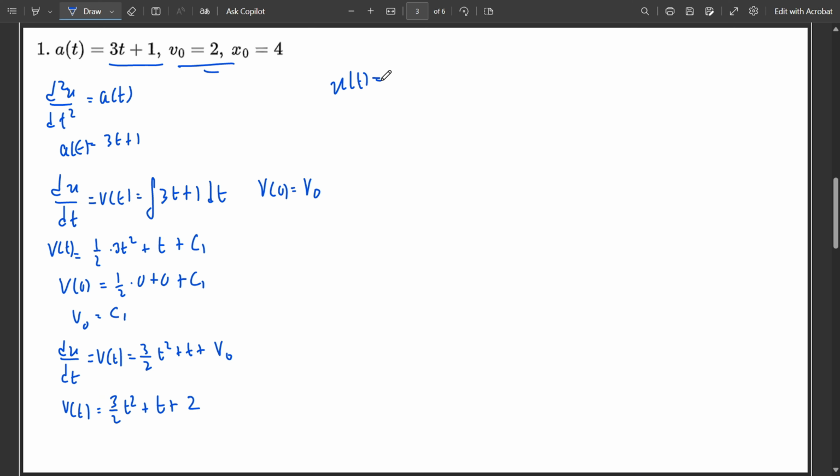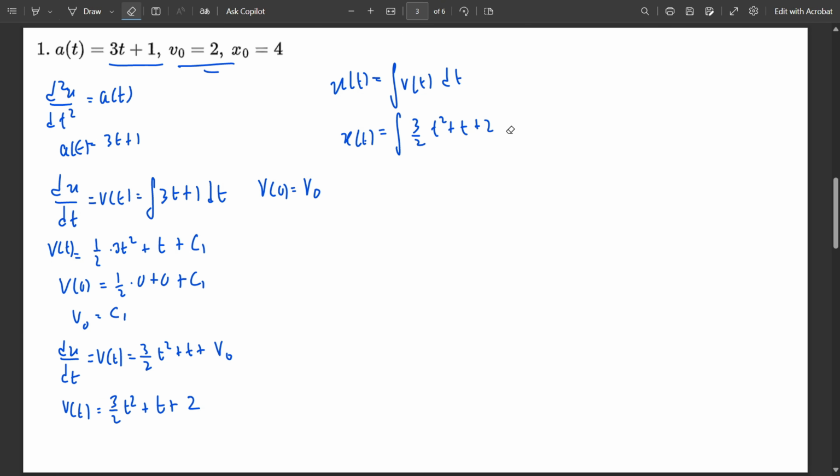The position function is just, again, the integral of the velocity function. So x of t is just the integral of 3 over 2 t squared plus t plus 2 dt.